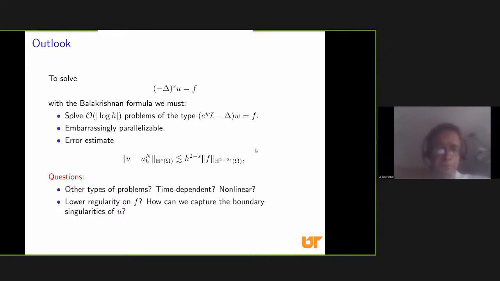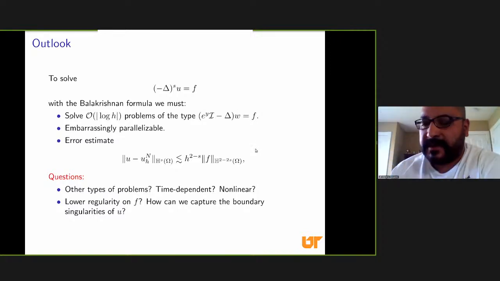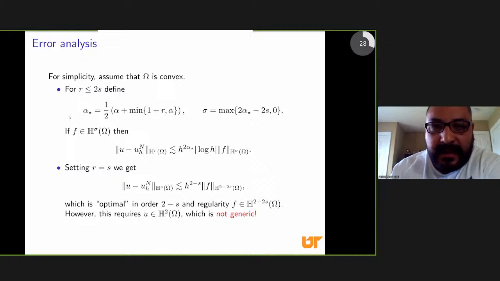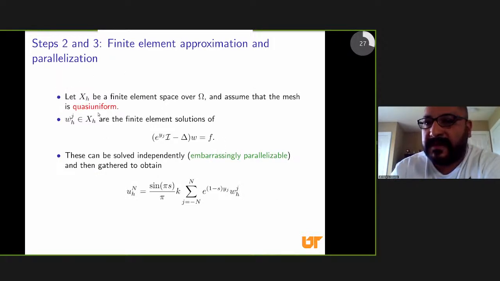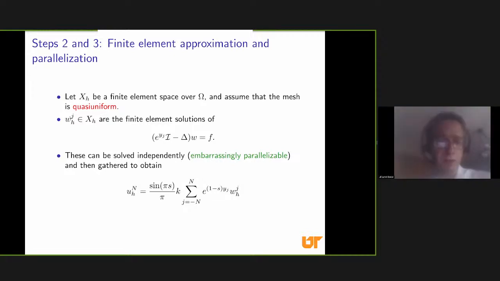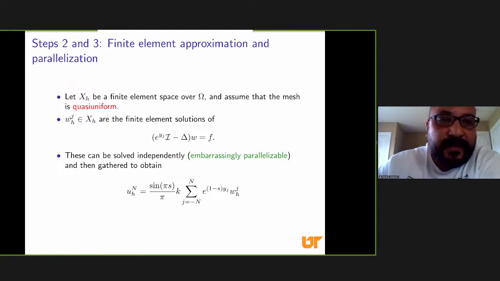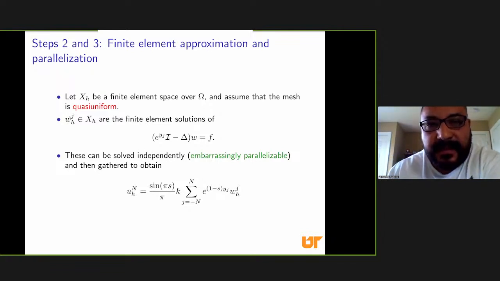But the issue here, if you remember the original paper by Bonito and Pasciak, they need to have quasi-uniform meshes. But we did the full analysis, we didn't need that. I don't know where that's coming from. From what I remember, I read this paper 5-6 years ago.